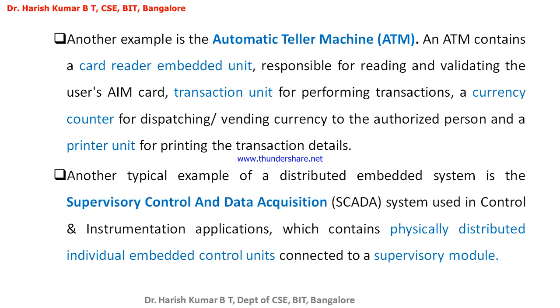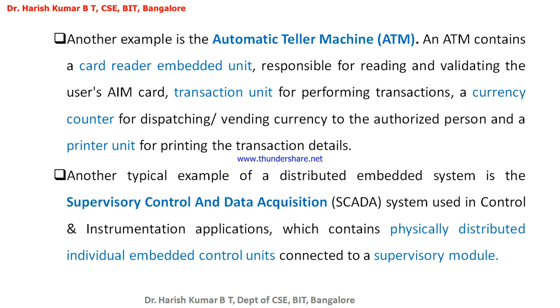Another well-known example is the automatic teller machine, the ATM, which you have used and are using even today. An ATM is again a collection of many embedded systems. Even in ATMs you will find the card reader embedded unit, and there is a transaction unit which performs the transaction.